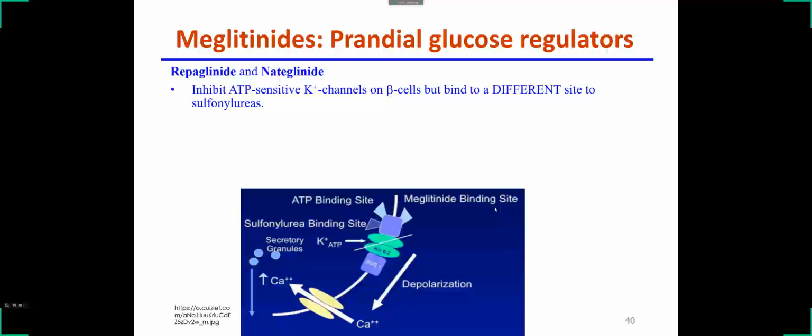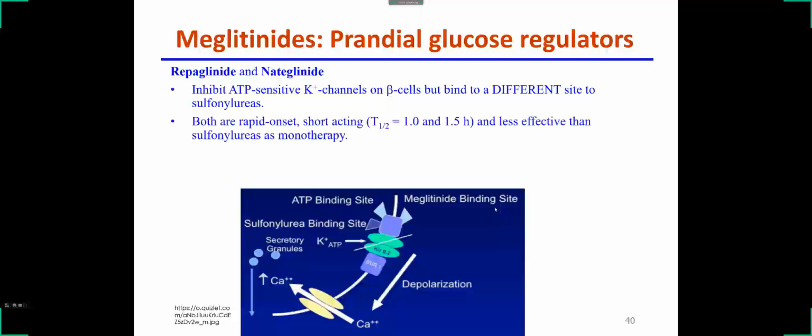Remember, we talked about inhibiting these ATP-sensitive potassium channels on the beta cells. Well, these two meglitinides, repaglinide and nateglinide, do the same thing, but on a different binding site than the sulfonylureas. That is in part why they have slightly higher potency, binding with slightly higher affinity, even though they perhaps have a higher off rate.